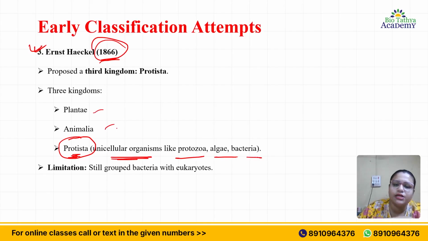So Plantae and Animalia were there, and he introduced Protista. But there was still a limitation: it still grouped bacteria with eukaryotes. Bacteria are prokaryotes, but protozoa and algae are eukaryotes. So again bacteria was clubbed with eukaryotes, and again a problem came.